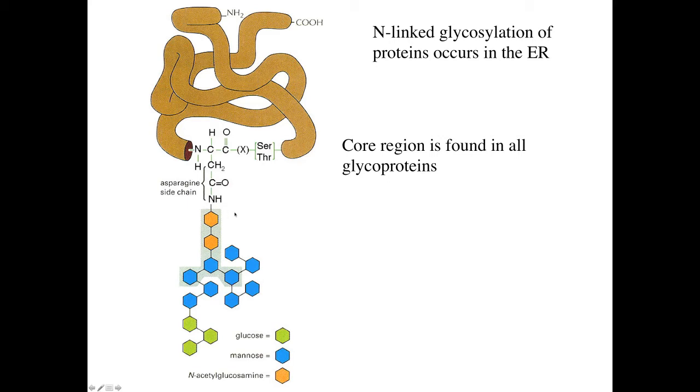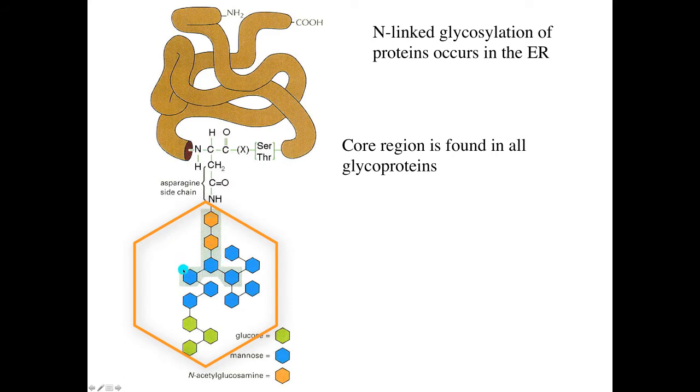And what happens is you're adding sugars to the protein, and there's a core region of sugars that's highlighted like this in this light gray T structure, if you want. This core region consists of 2 N-acetylglucosamines and 3 mannose residues.